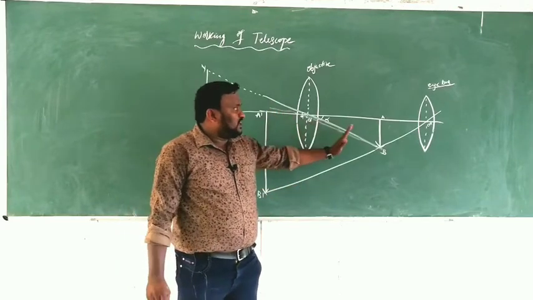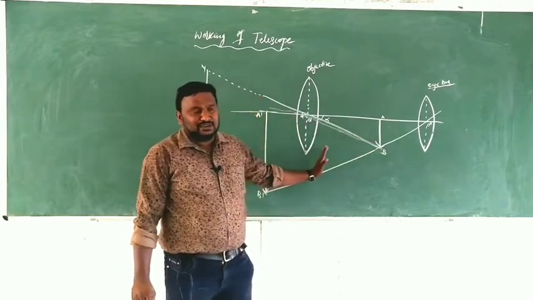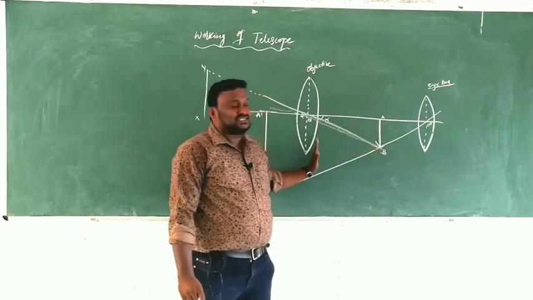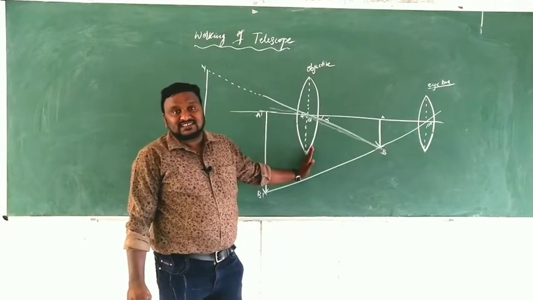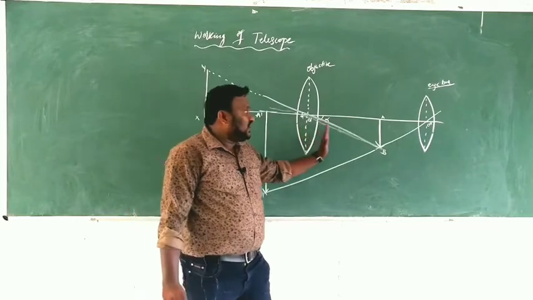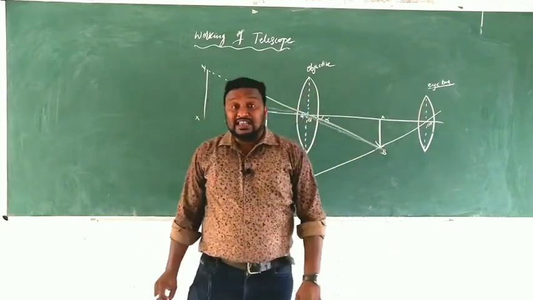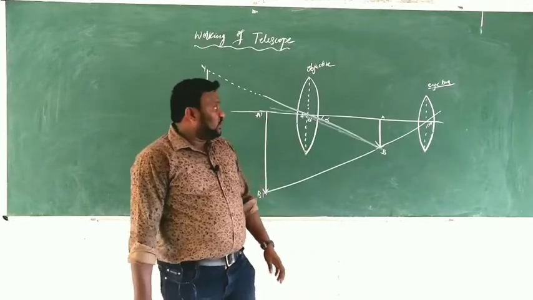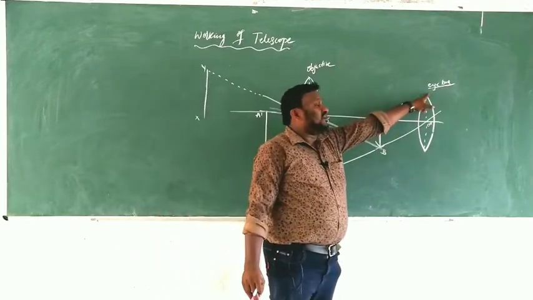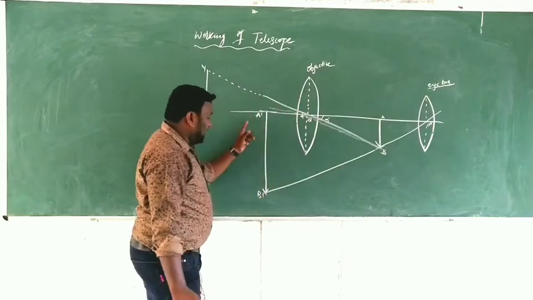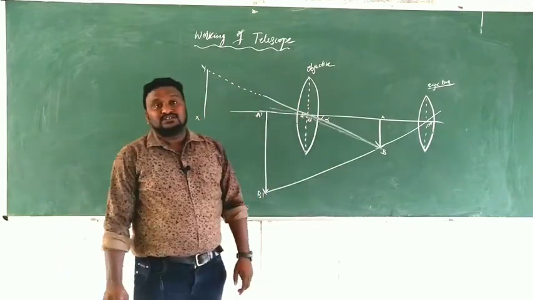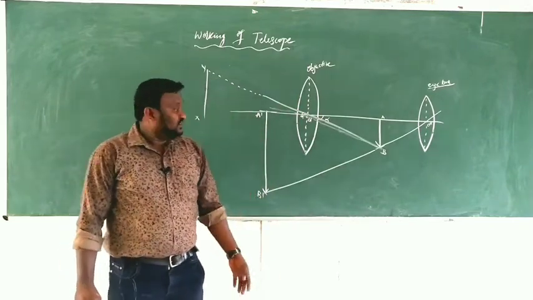The image formed by the object lens is taken as the object for the eye lens. The eye lens forms the image A dash B dash.